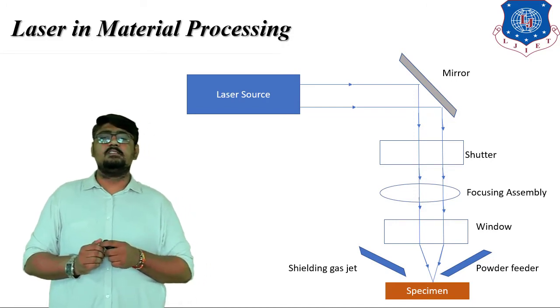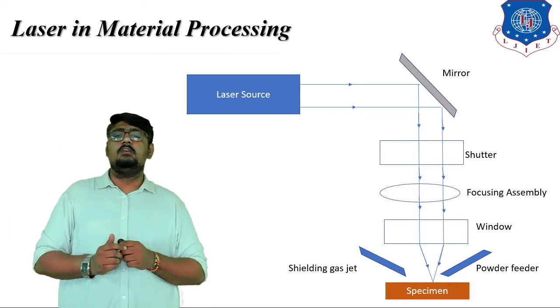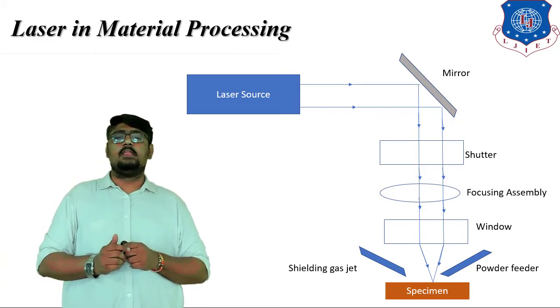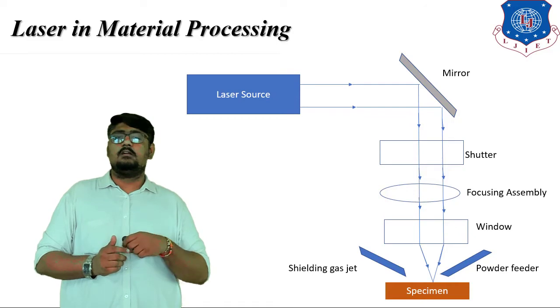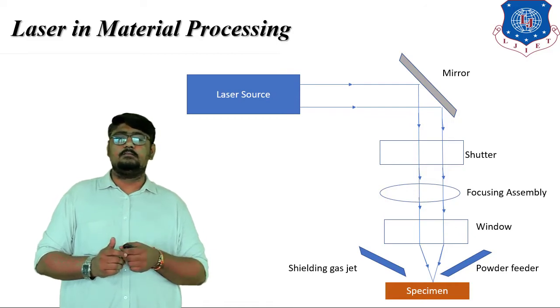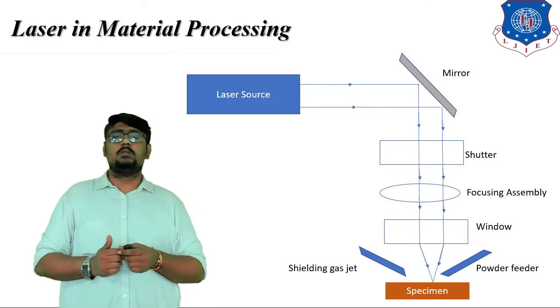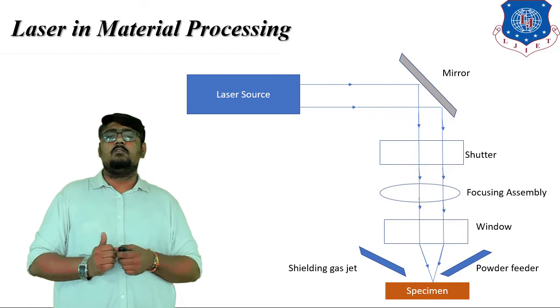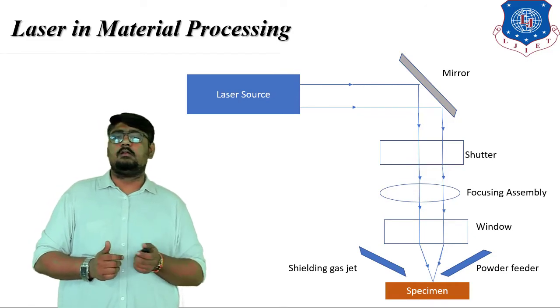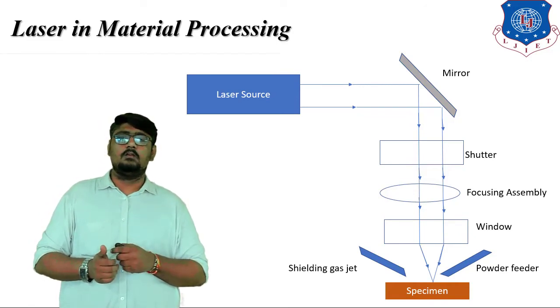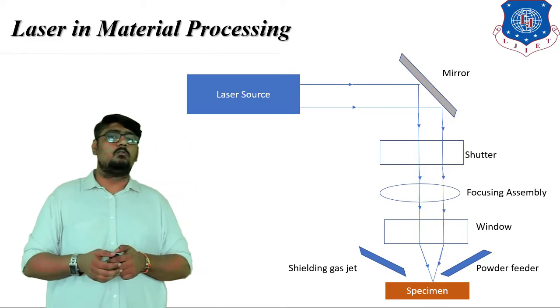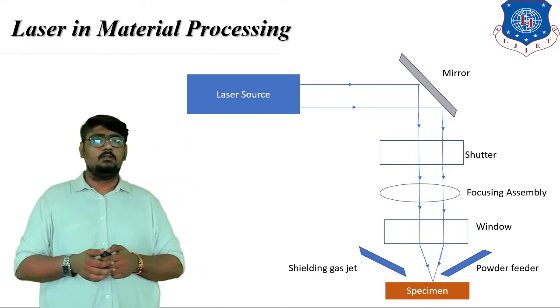But as the laser beam is continuously falling on the specimen, the material can be drilled, cut, or welded. Powder spray is used to spray the metal powder onto the substrate for alloying or cladding. So this is how powder coating is being done.